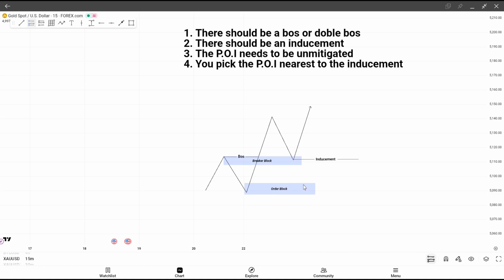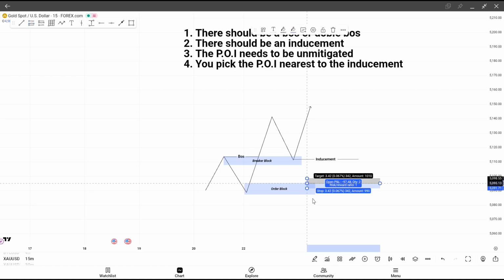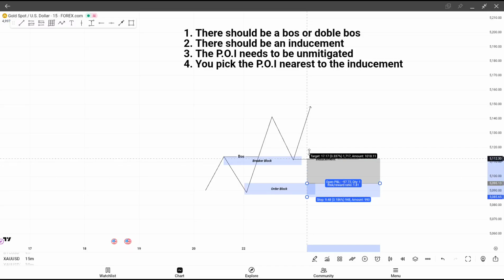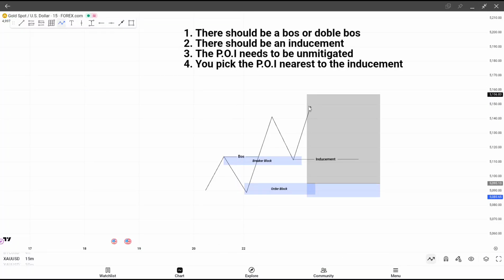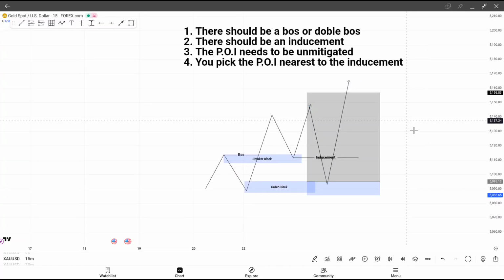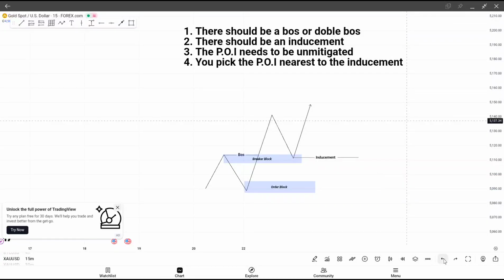So it means that we are taking our buys on this what? Order block. So the market will definitely come to our order block and buy to the upside. Have you seen? I hope you guys are getting the point. Let's go back to the time for you to understand very well.